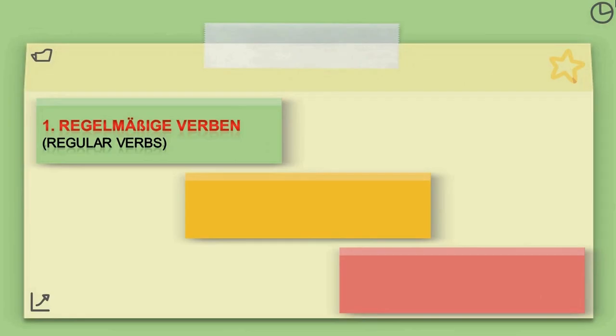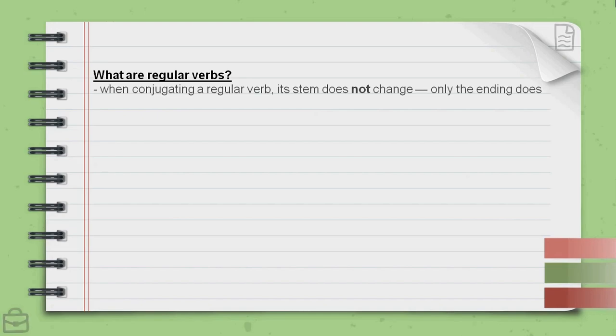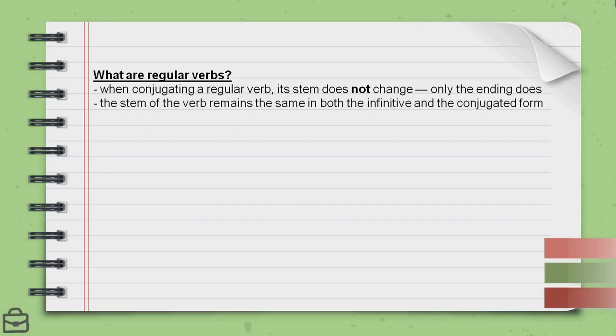We are starting with the regular verbs, or regelmäßige Verben. What are regular verbs in the German language? When conjugating a regular verb, its stem does not change, only the ending or the suffix does. The stem of the verb remains the same in both the infinitive and the conjugated form.